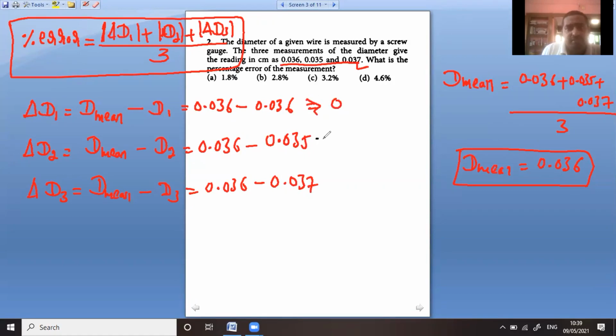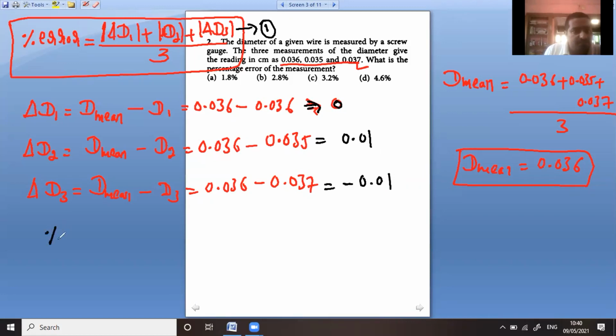Then the second one is 0.036 minus 0.035, which is 0.001. The third one is 0.036 minus 0.037, which is minus 0.001. So now you have to put the values in equation 1.